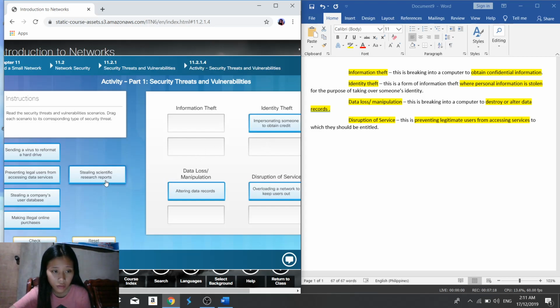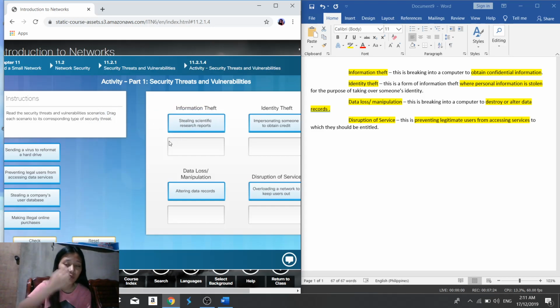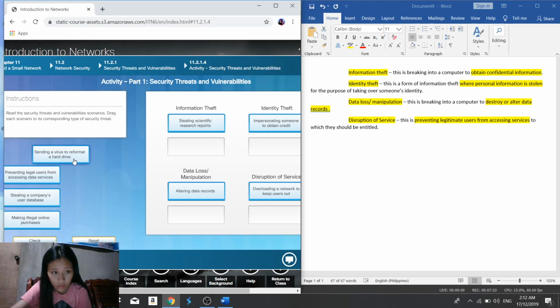Sending a virus to reformat a hard drive is data loss and manipulation.